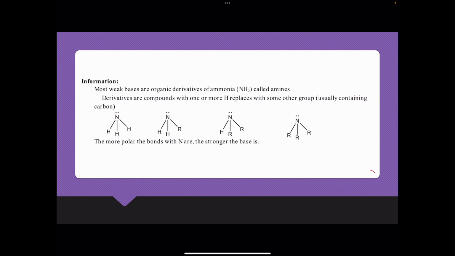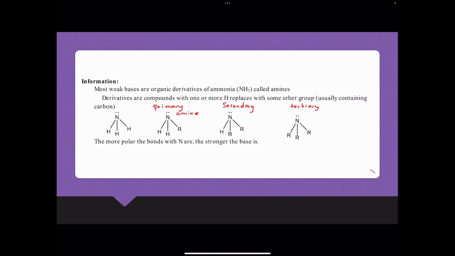I can have one hydrogen replaced, which is called a primary amine. I can have 2 hydrogens replaced, which is called a secondary amine. And if I had 3 hydrogens replaced, this is called a tertiary amine.